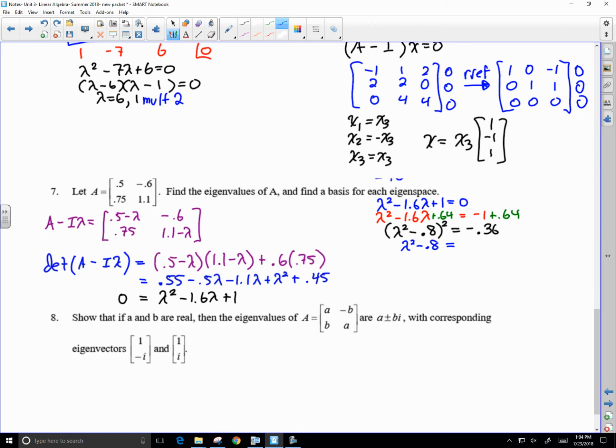So then we'd have to take the square root of this bad boy. So imaginary unit i to address the negative, and then the square root of 0.36 is 0.6, right? So plus or minus 0.6i.